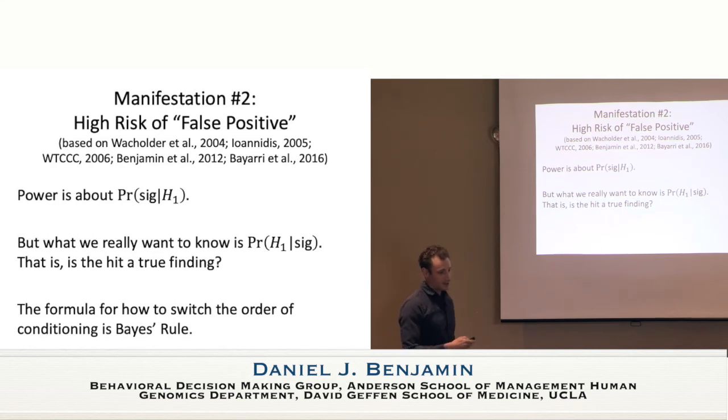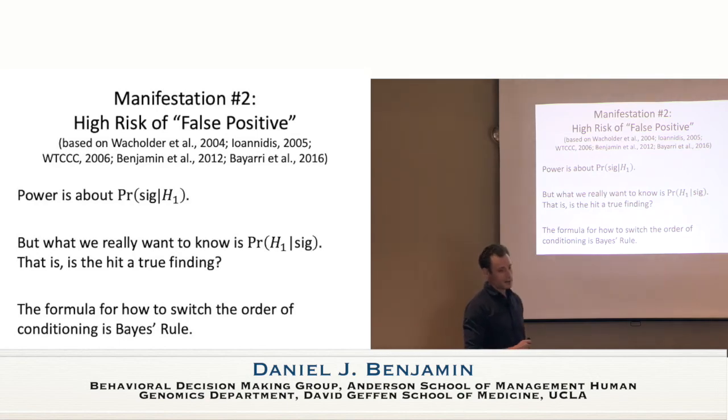So is the hit a true finding? We're going to talk about how you calculate the likelihood of a false positive. To do that, we need to switch from thinking about power to thinking about what the truth is. And in order to switch the order of probabilities, we need to use Bayes' rule.